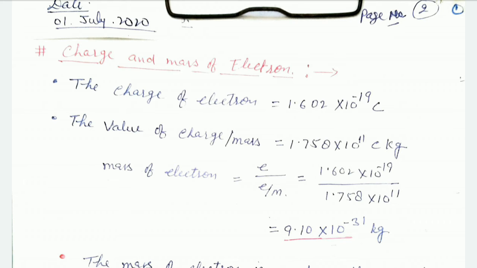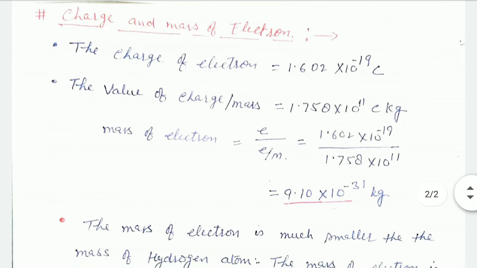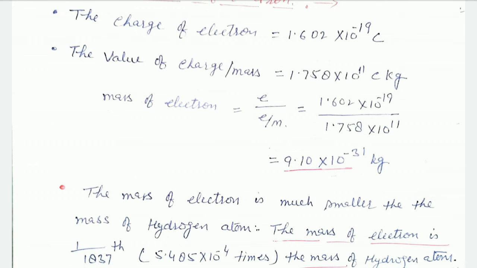The charge of the electron is 6.02 into 10 to the power minus 19 coulomb. The value of charge upon mass is 1.75 into 10 to the power 11 coulomb per kg. Then we calculate the mass of the electron from charge upon mass.